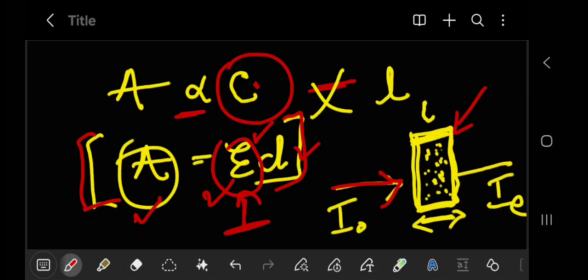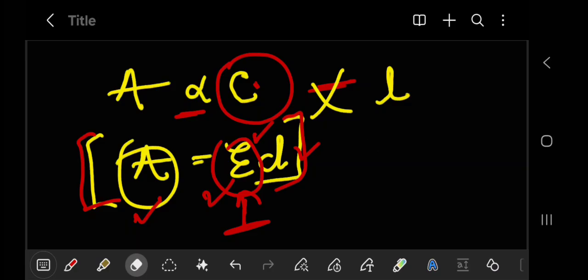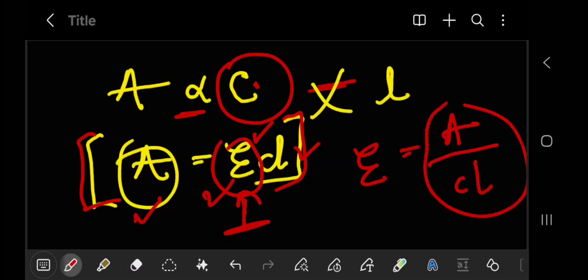Like I said, path length, centimeter. Molar absorptivity, let me show you something here. When you make epsilon the subject of the formula, you are going to have this, right? So this quantity will inform you on the units of molar absorptivity.